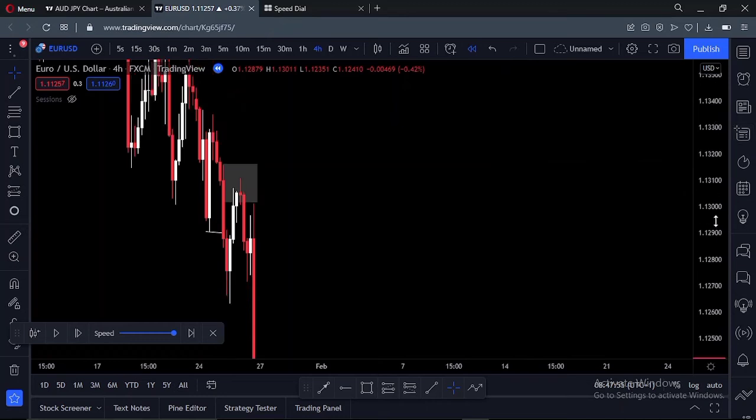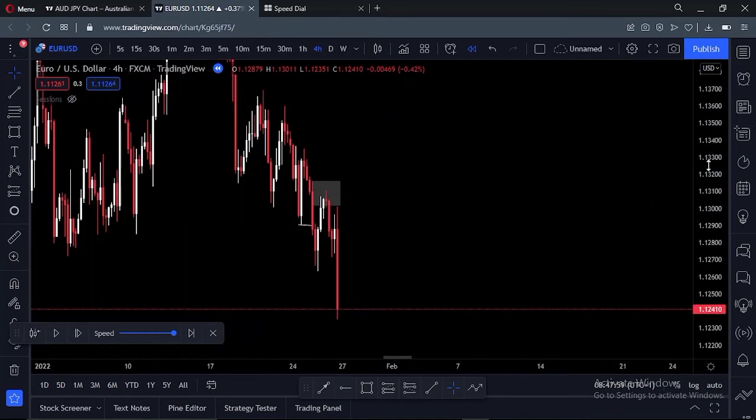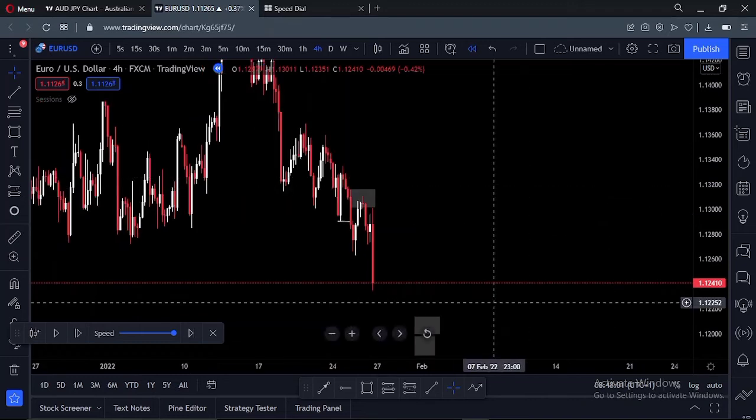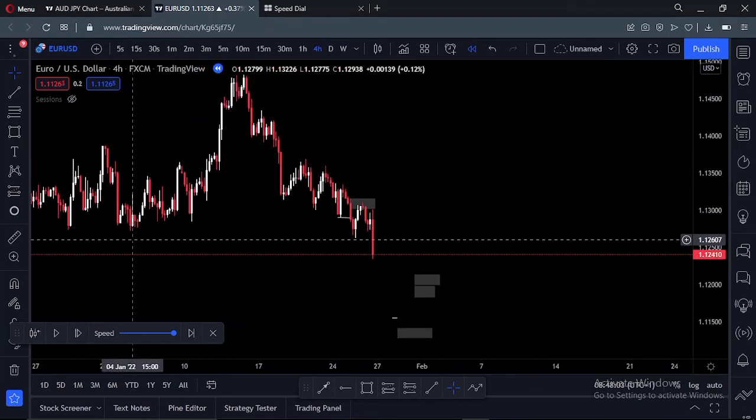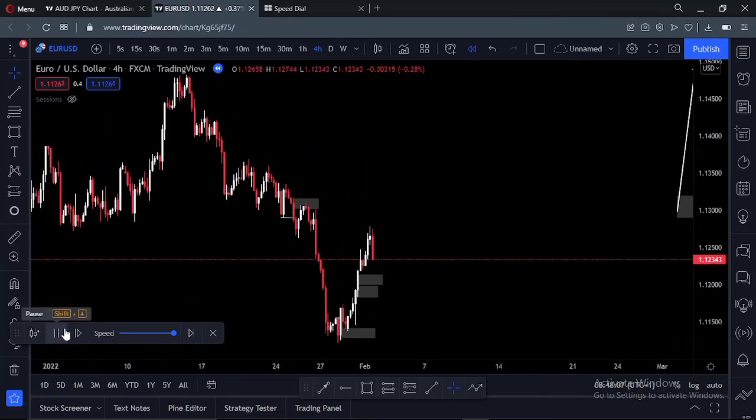So now let me show you guys the thing that I was explaining, the multi-time frame structural mappings on the 4 hour and 15 minutes, so you can see it and compare yourself.